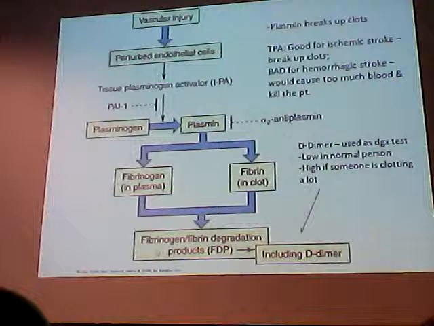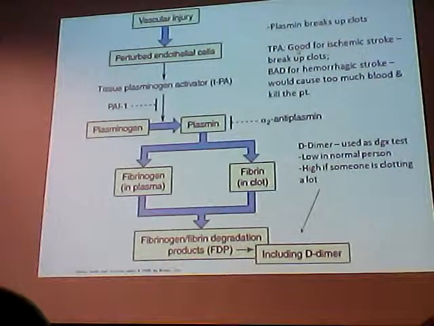So with clotting in general, this molecule called plasmin can break up the clots, and to break up clots, it's good if you have what's called an ischemic stroke. If you think back to what ischemia is, that's a cutoff of oxygen flow. So that's some sort of clot that's lodged in the blood vessel and blood can't get through, so plasmin can break up the clot.